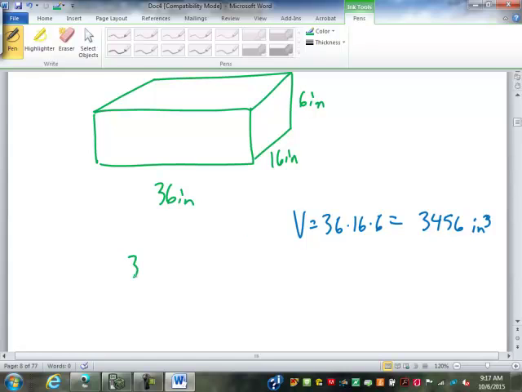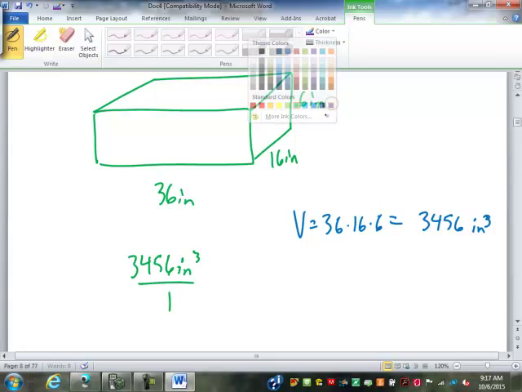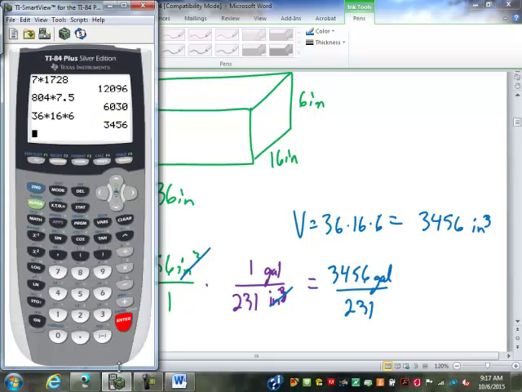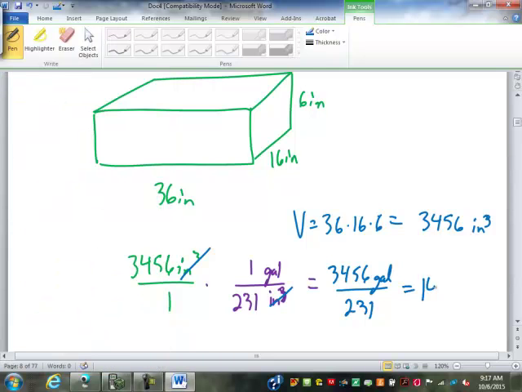Well, 3456 cubic inches over 1, cubic inches on bottom, gallons on top. 1 gallon is 231 cubic inches. So cubic inches cancel out. I got 3456 gallons over 231. Should be about 14.96, something like that. 14.96 gallons.